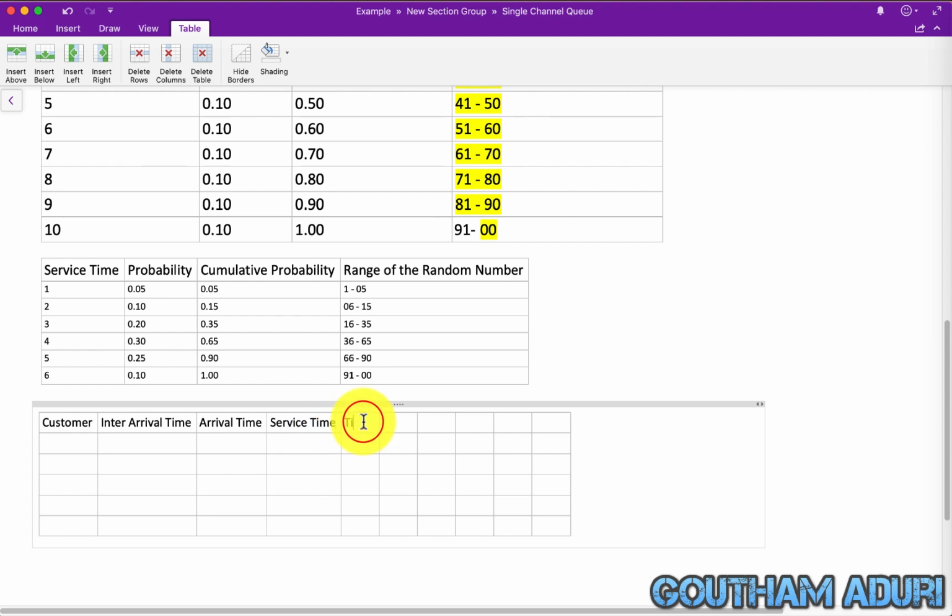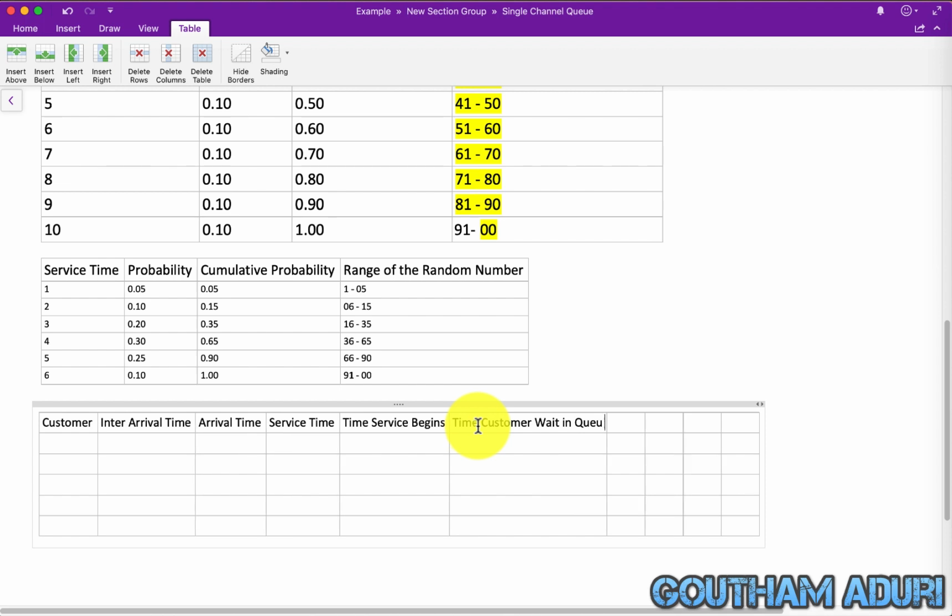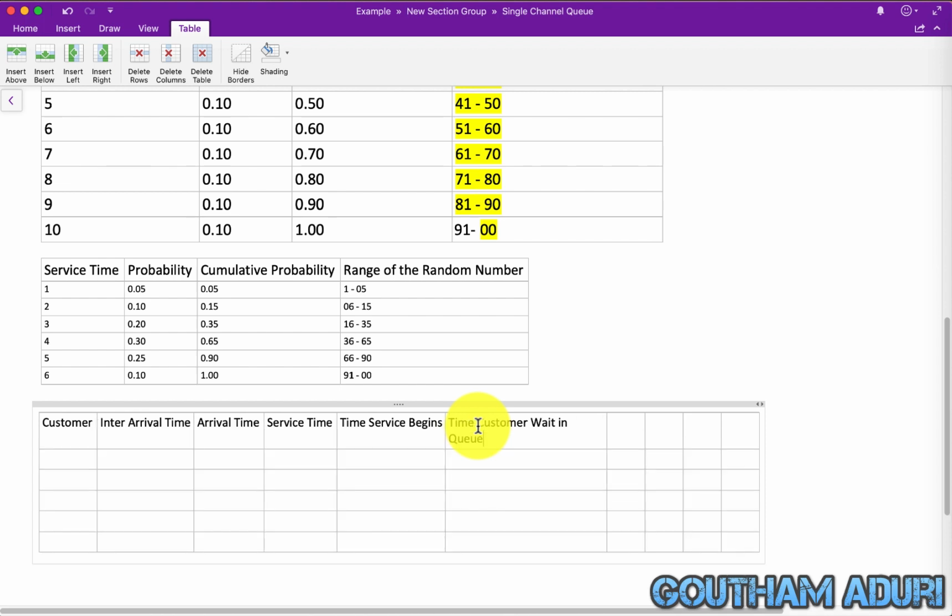And here time service begins, when the service is going to begin after the customer comes to the server, and time customer waits in queue, and time service ends.